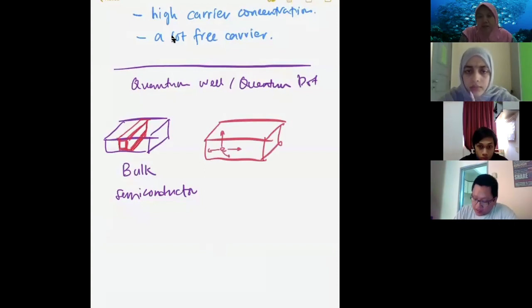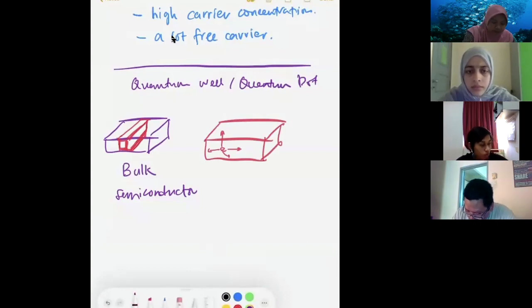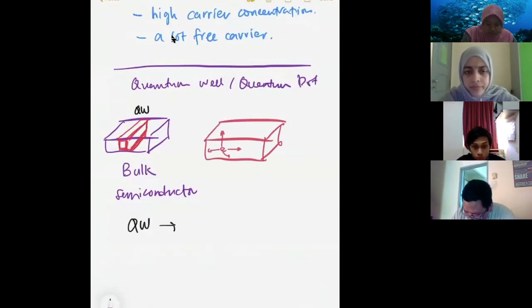Any direction it can travel. But if I take the semiconductor to a smaller proportion, let's say this quantum well, roughly it could be hundreds of nanometers, right?